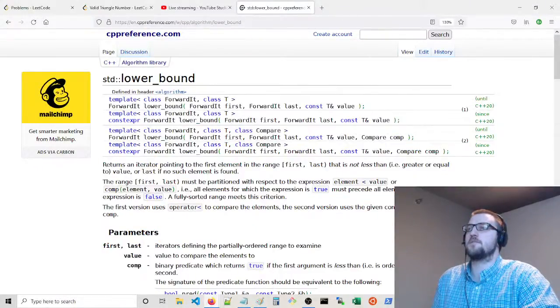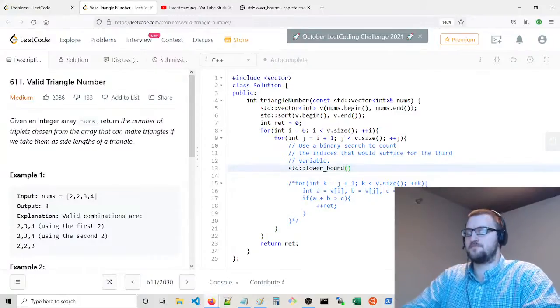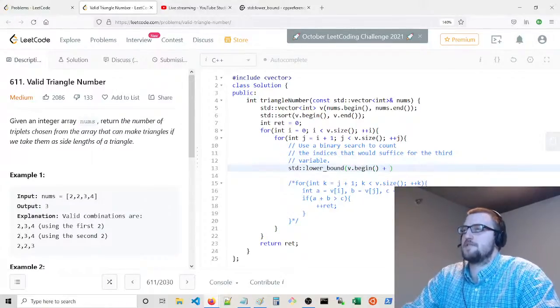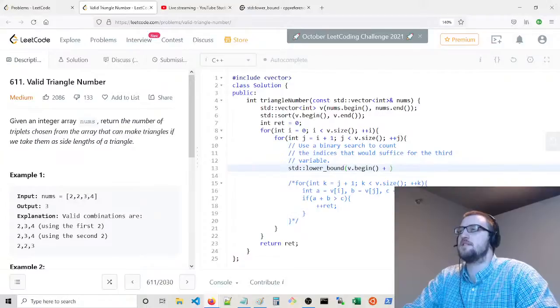We're looking for first, last value. Yeah, I think it's that simple. So first we're going to say it's going to be, I guess B plus 1, so it would be something like v.begin plus I, B is j plus 1, right?